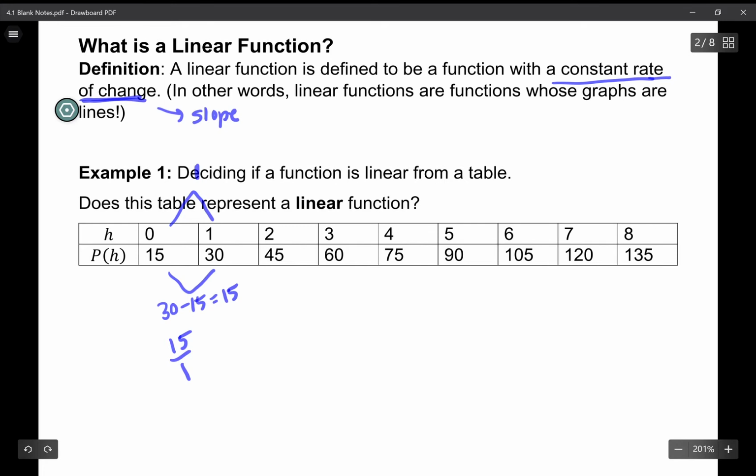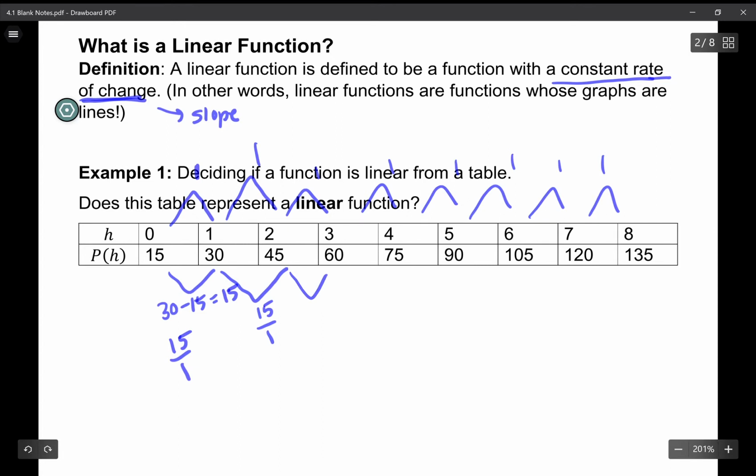If we look at the next interval, the rate of change from 1 to 2 is 45 minus 30, which is again 15, and the change in input is again 1. Again, we have a constant rate of change of 15 to 1. As you look across the table, you can see that we increment by 1 each time in the input, and you have to make sure those are all the same.